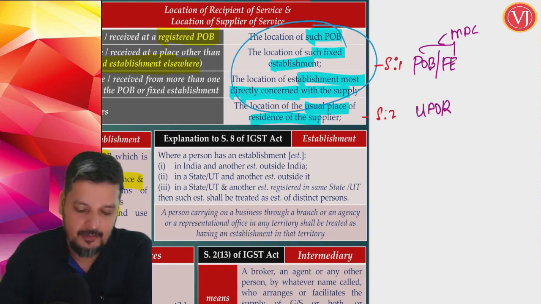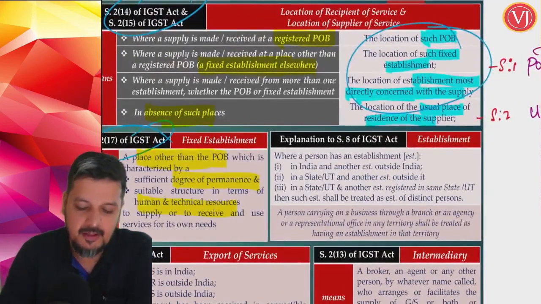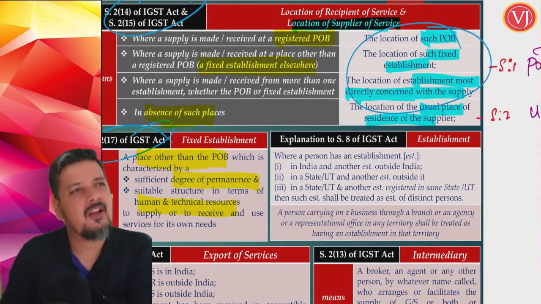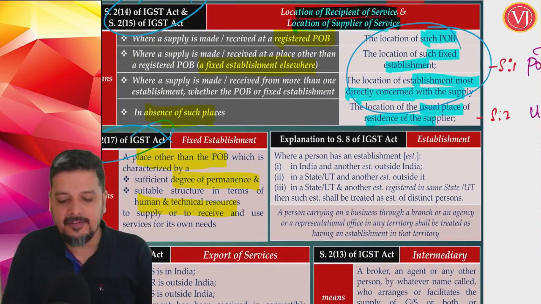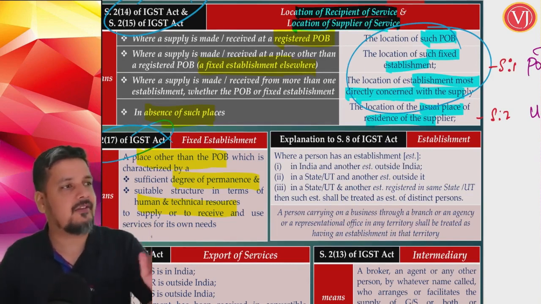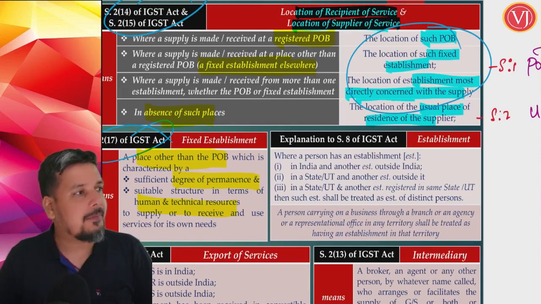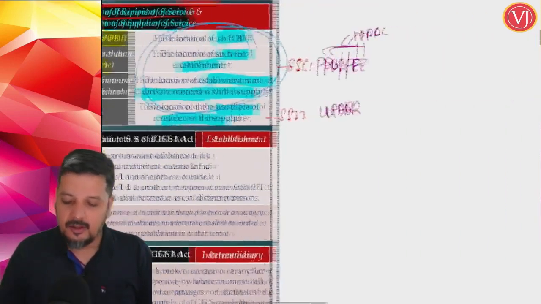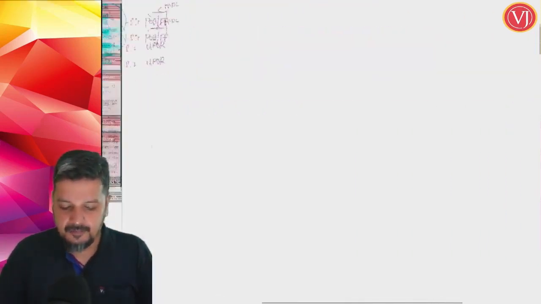By the way, if you look at things carefully, we are only talking about the location of supplier of service. Same thing, for the recipient of services, we replace the term supply with receipt, giving the location of recipient of service. We are not concerned with this, but we are focusing on the location of supplier of service. Now one doubt should come, what are the 3 steps which were involved?